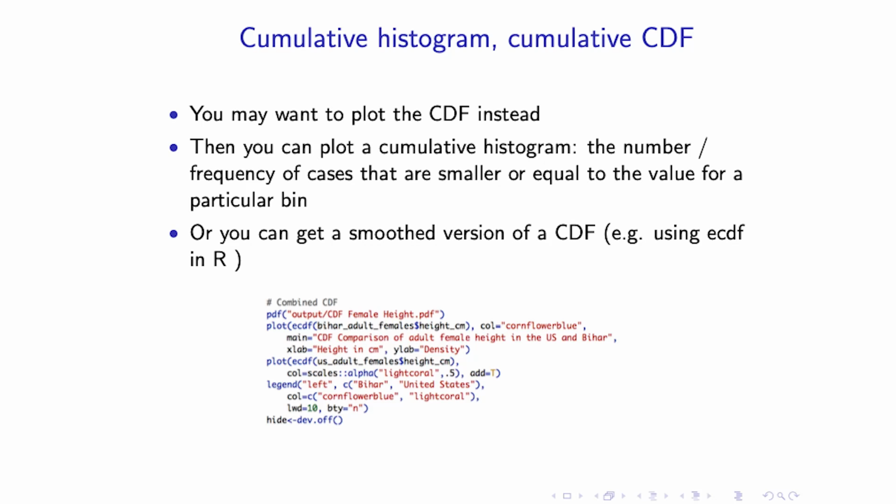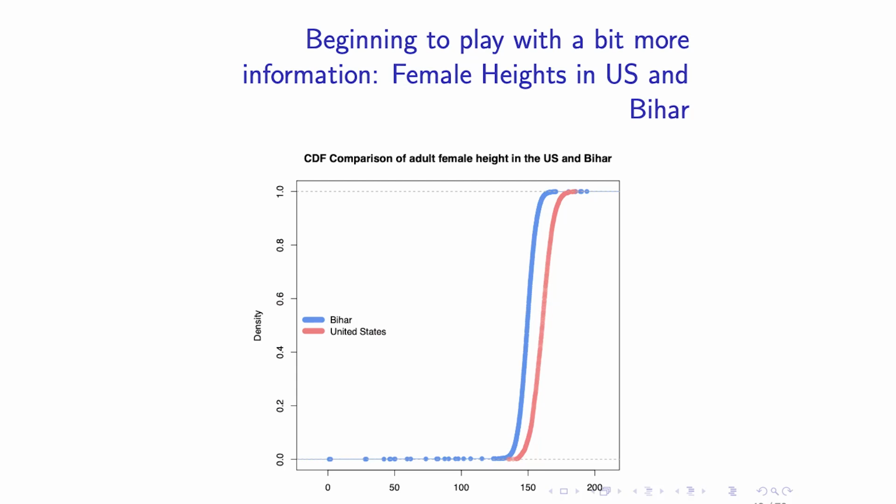Or we can do it with a technique similar to a kernel, and R gives that to us for free, and we get an estimation of the cumulative distribution function. And there we can immediately see the point that we saw with surfaces, which is: what can you say about the US curve compared to the Bihar curve?